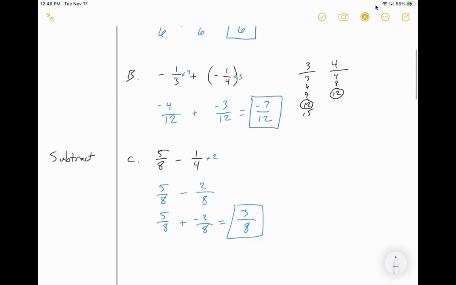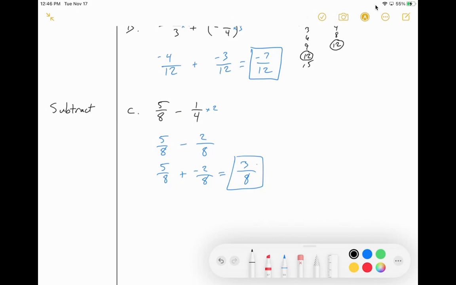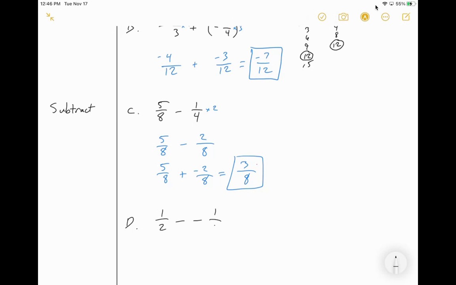Let me show an example of when we might definitely need to use keep switch change. Let's do another one here. Okay. How about this? 1/2 minus a negative 1/5. All right. Go for it. And then put your answer in the chat. All right, make sure you do your keep switch change.